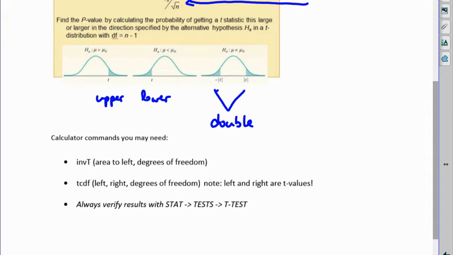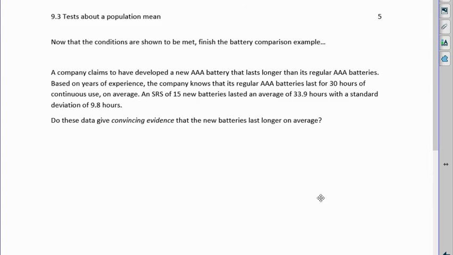And the calculator commands that are going to help us do all this are inverse t, which looks like inverse normal, and t-CDF, which looks like normal CDF, but notice that they both take the degrees of freedom instead of the mean and standard deviation. And always verify your results of anything that you do, because it's so easy to do with the stat test t-test on the calculator. Make sure you're verifying that.